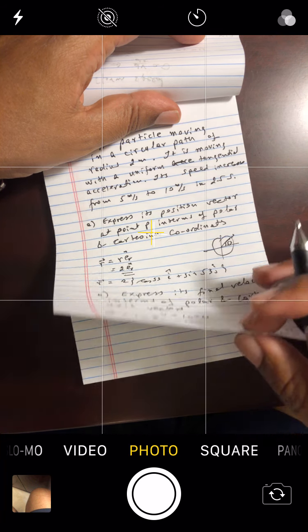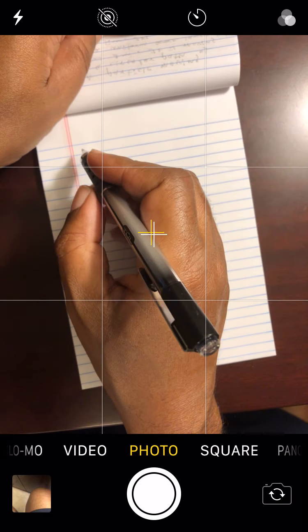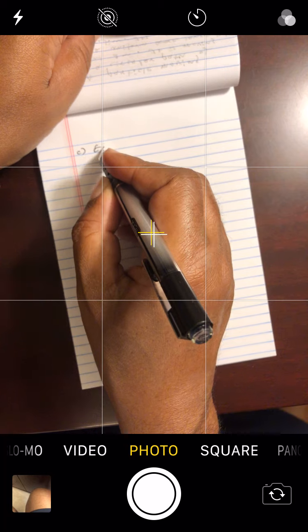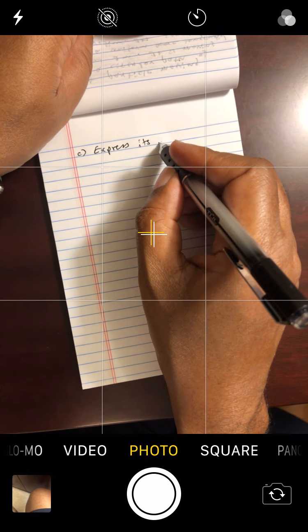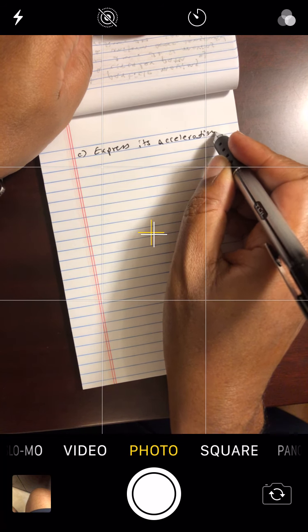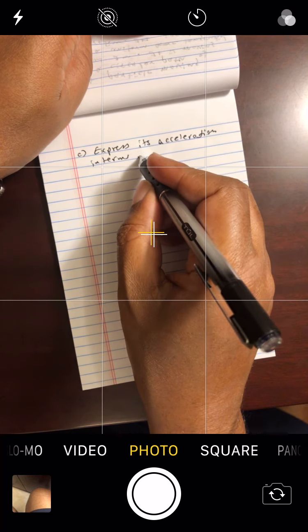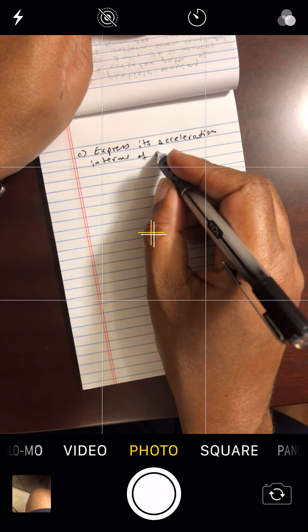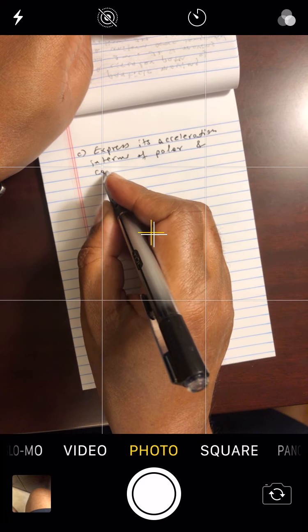Now let's look at the acceleration. Express its acceleration in terms of polar and Cartesian coordinates.